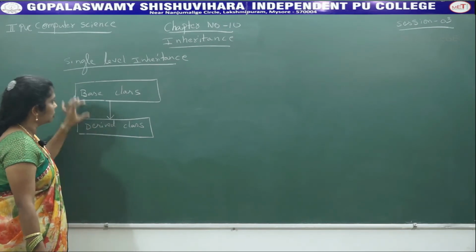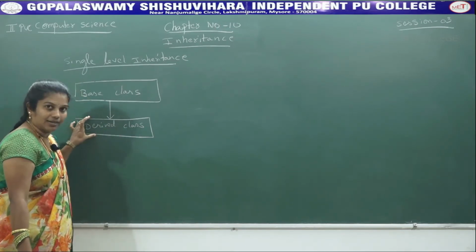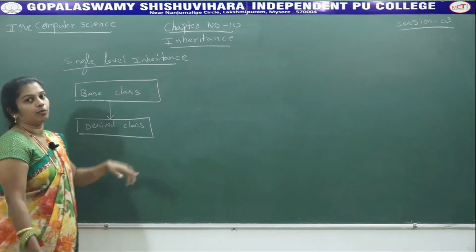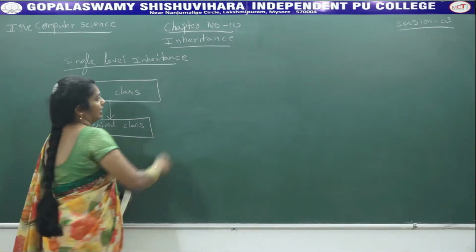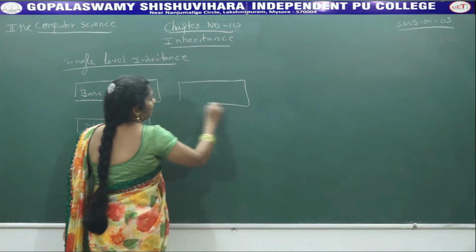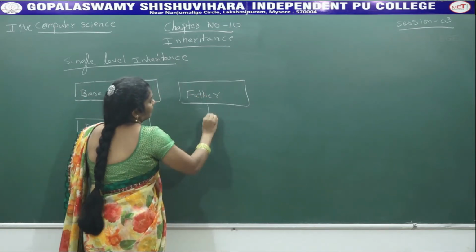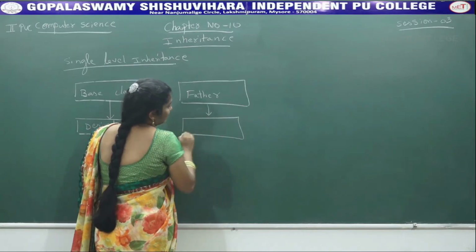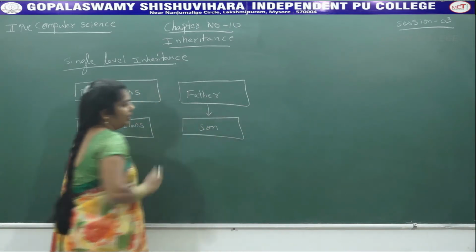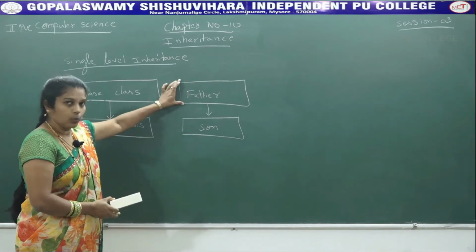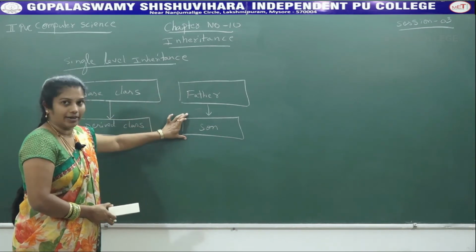The derived class is derived from the base class, and along with this it may also have additional properties. For example, take father and son. Father properties are transferred to son. So in single level, only one base class and only one derived class is there.